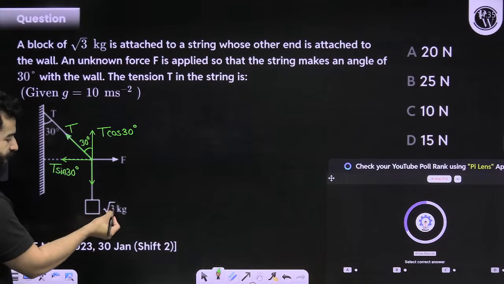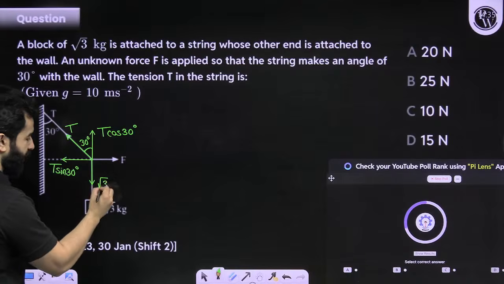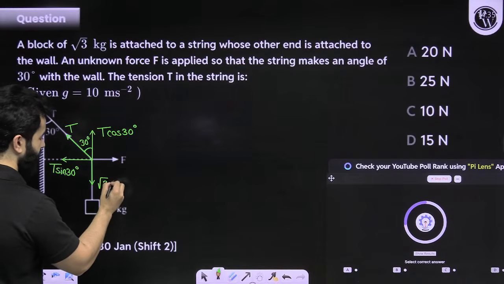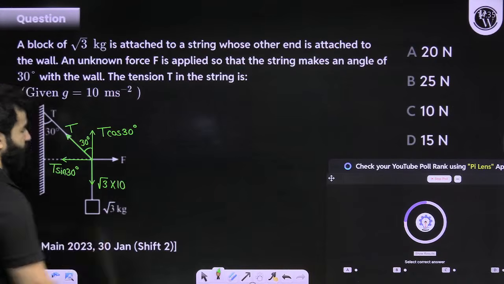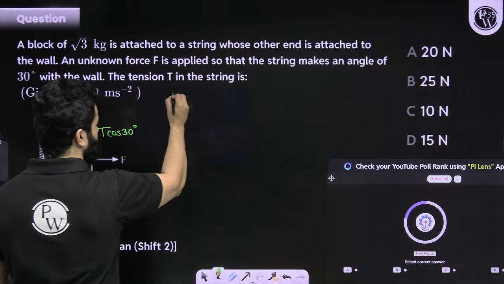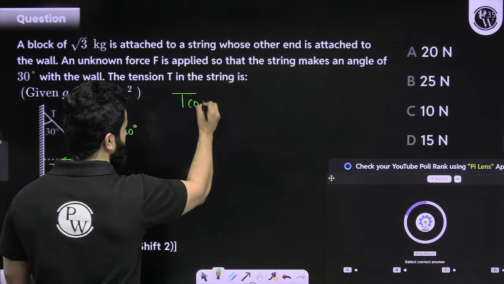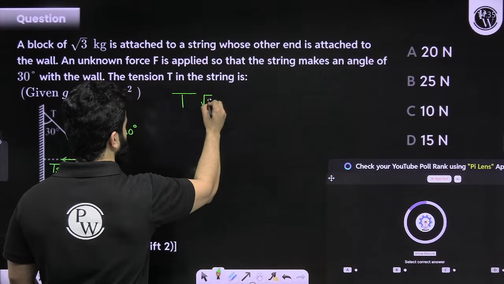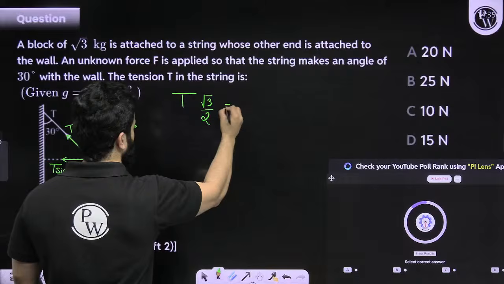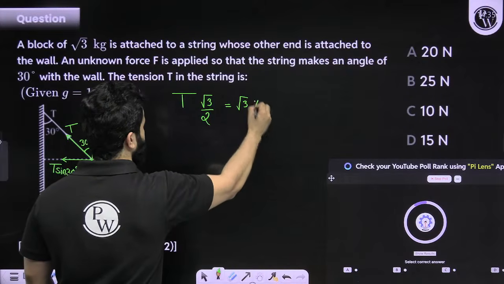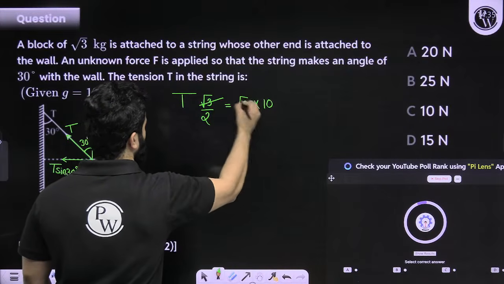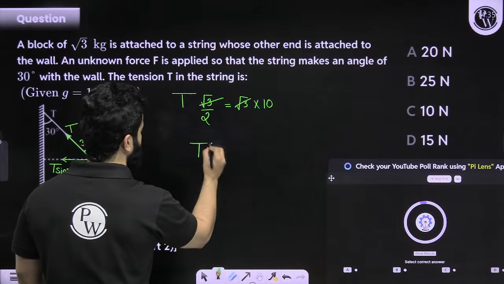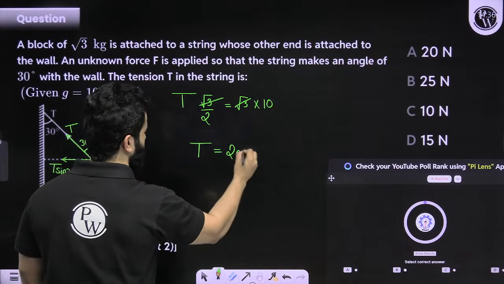T cos 30 degrees equals √3 into g. g is 10, so √3 into 10. So the first equation is T cos 30 equals √3 multiplied by 10. √3 cancels, and T comes out to be 20 Newton.